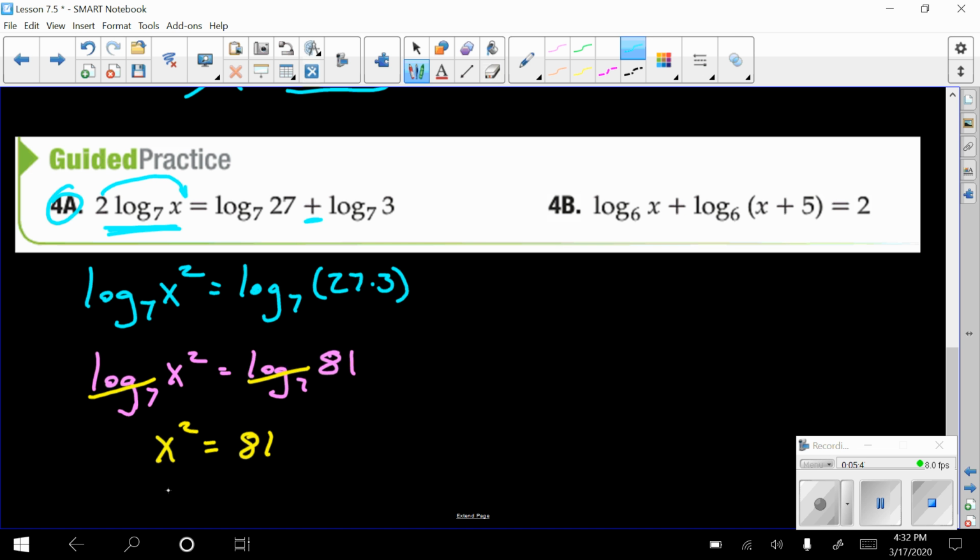And when I get that answer, I want the actual positive value out of it. So we're going to say that x equals 9 or negative 9. We want the positive value again, because it's got to stay positive on the inside. And then 4b is pretty much the same as the one that we did from up above. So I'd let you try that one.